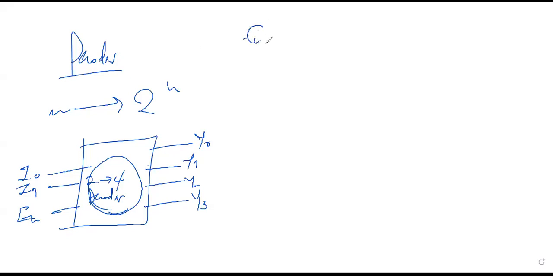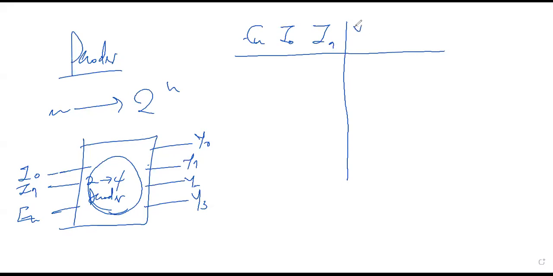Here is my truth table for this combinational circuit, the decoder. These are my inputs. Then I have my outputs, Y3 as the MSB, Y2, Y1, and Y0.